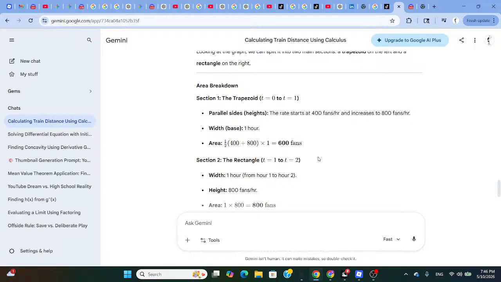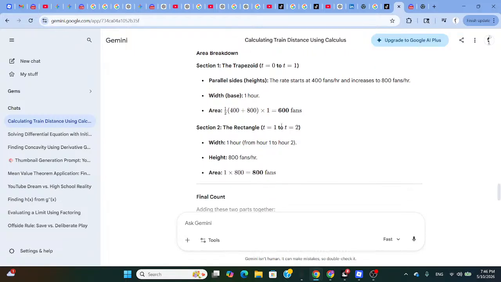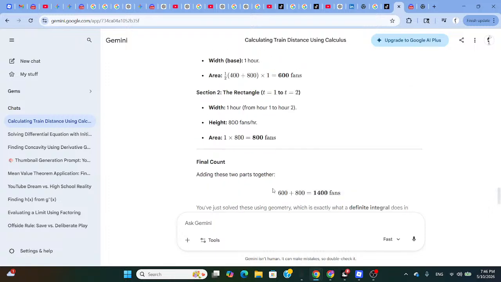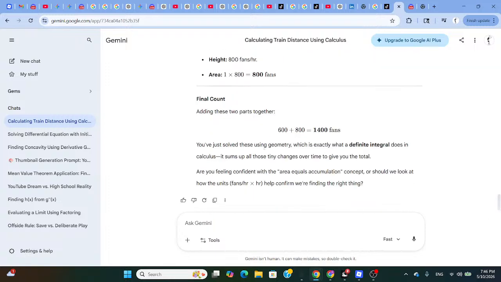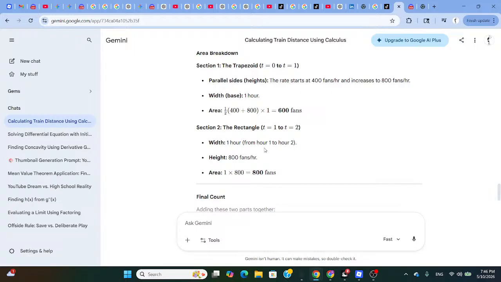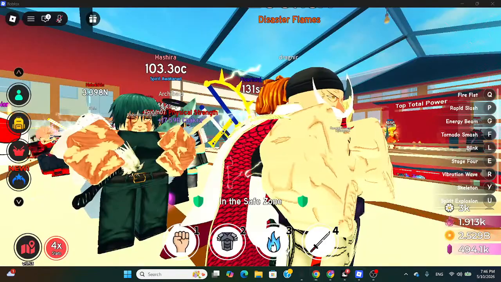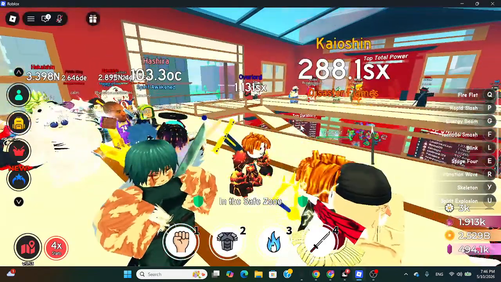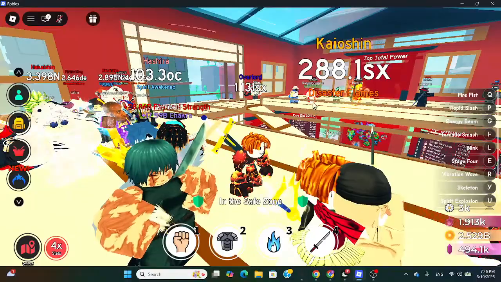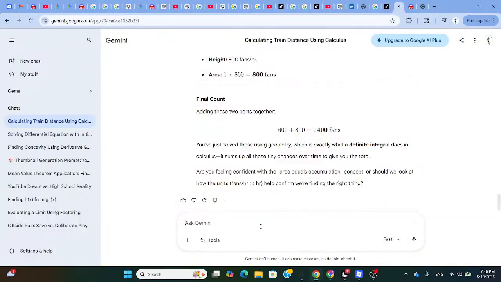Oh, that's just taking the average. My bad. And then the area of section 2 is just 800, right? So it's just 1,400. 1,400, dog. All right, bro.